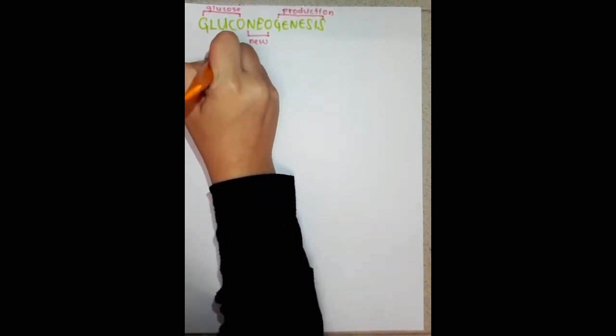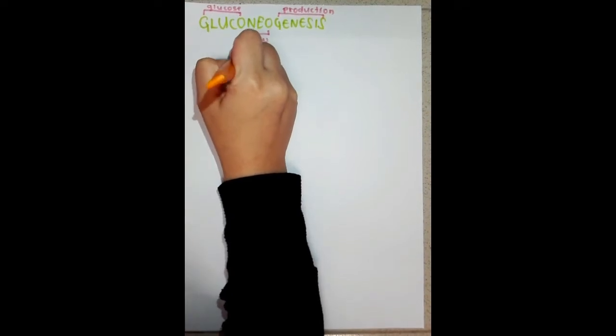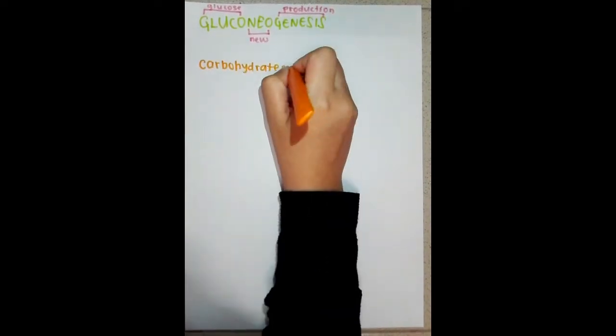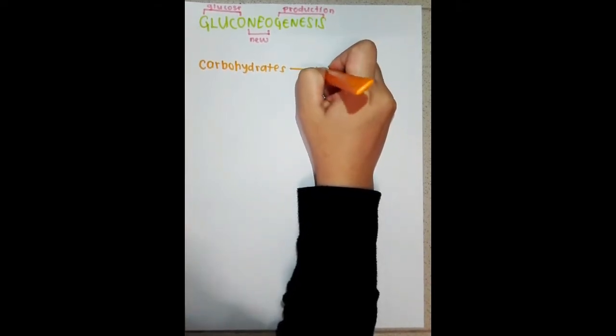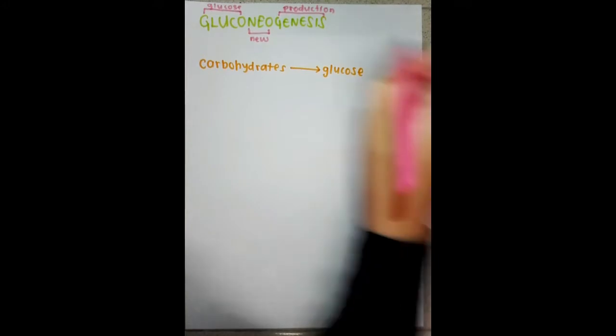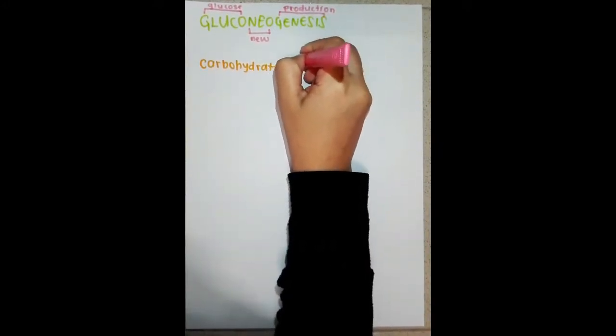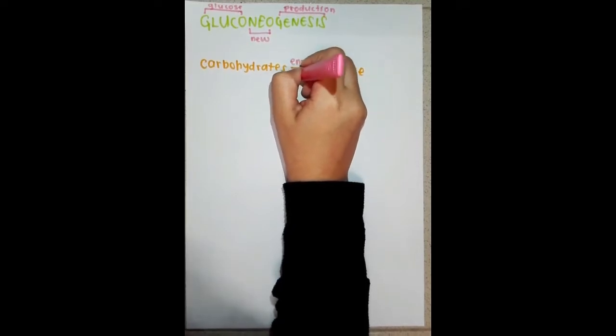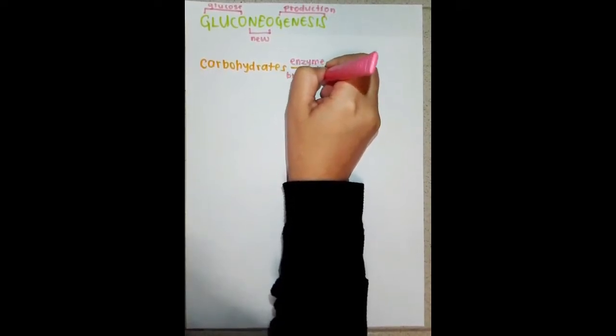At normal events, carbohydrates are broken down by human body enzymes into glucose. This is basically the process of breaking down.